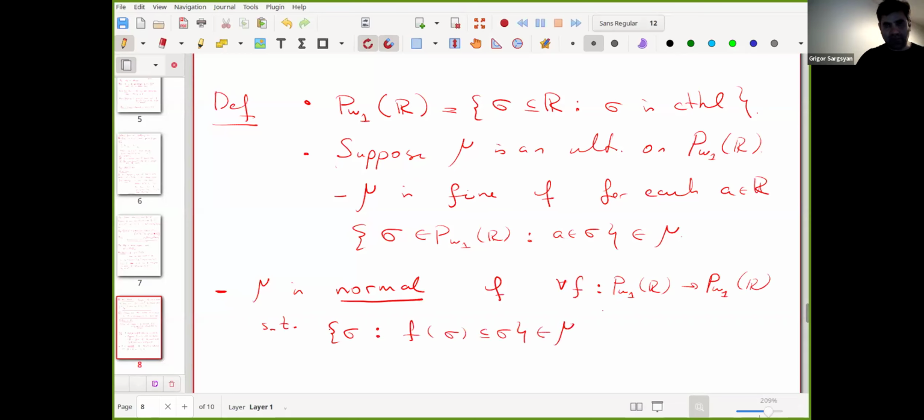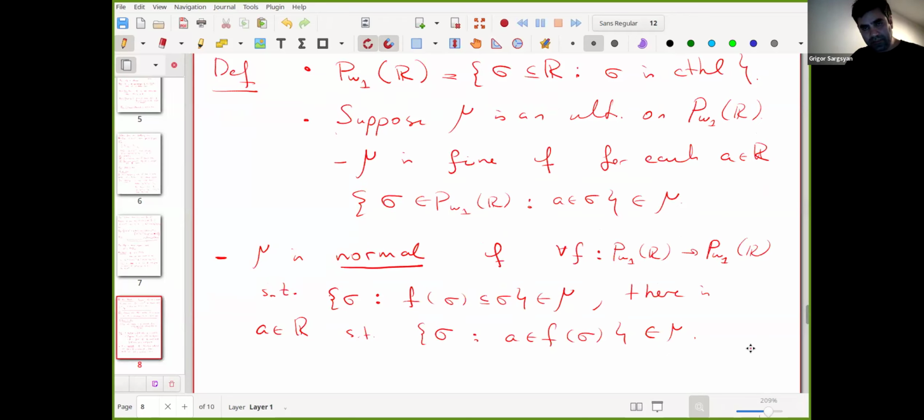So for every f such that this holds, there is A in R such that the set of sigma such that A belongs to f(sigma) has measure 1.